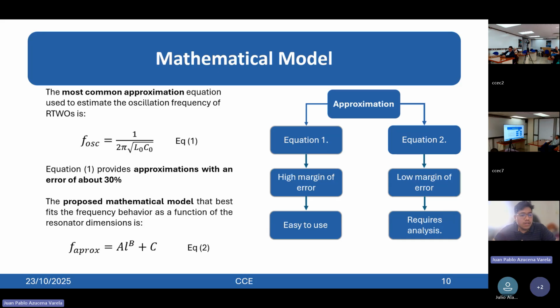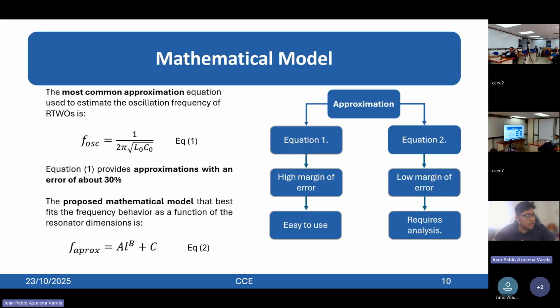Traditionally, the oscillation frequency of an RTWO is estimated using the simple LC relation shown in equation number 1. While this expression is easy to apply, it neglects the geometric and topological characteristics of the structure, leading to an error of up to 30%.